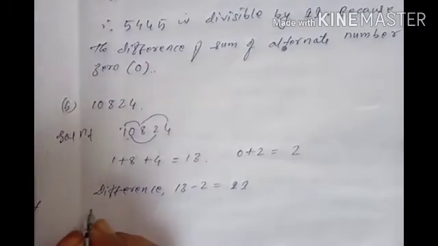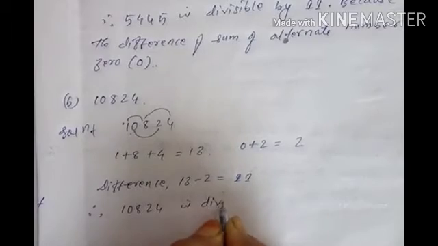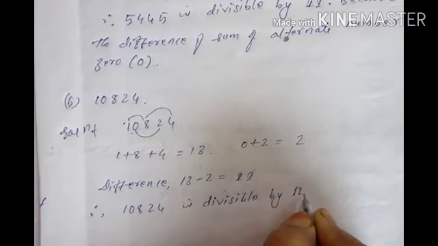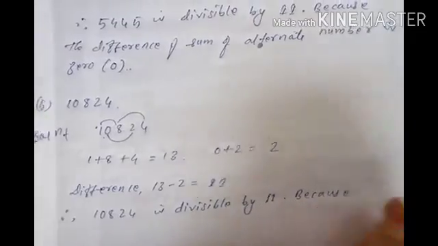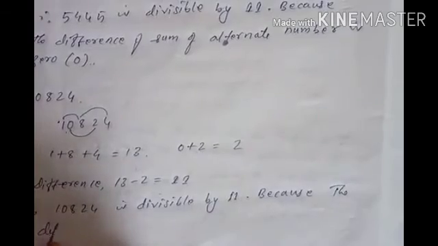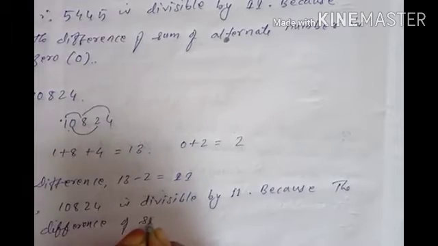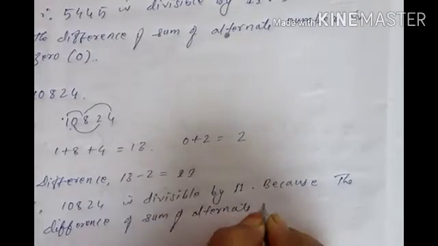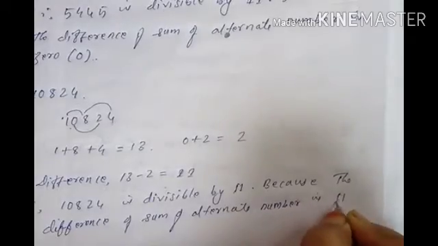So therefore 10824 is divisible by 11. This number is divisible by 11 because the difference of the sums of alternate digits is 11.